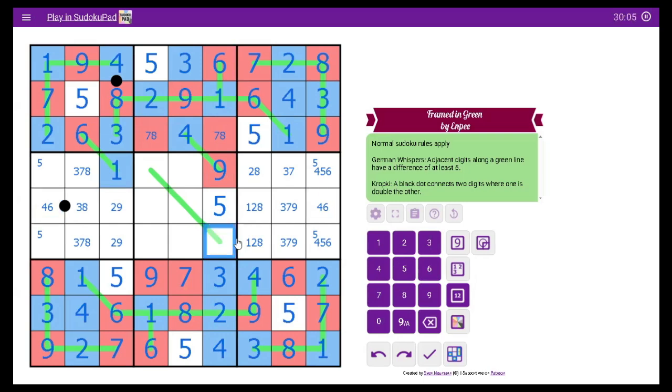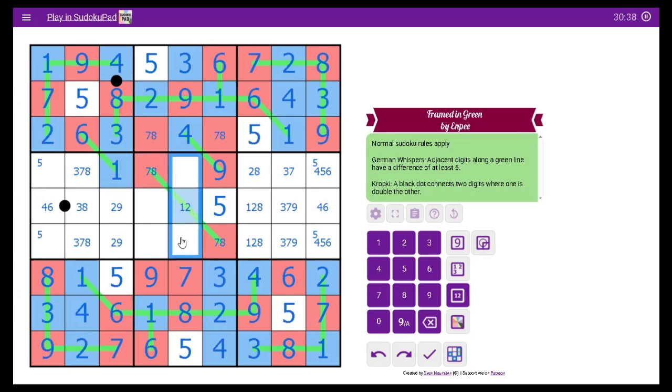So this cell is a 7 or an 8. Because those are the only two digits, 7, 8 here, 7, 8 there. So it is high. So this is low, and it is a 1 or a 2. That means this is high. It's not a 6, so it is a 7 or 8. So there's a 7, 8 pair and 1 or 2.